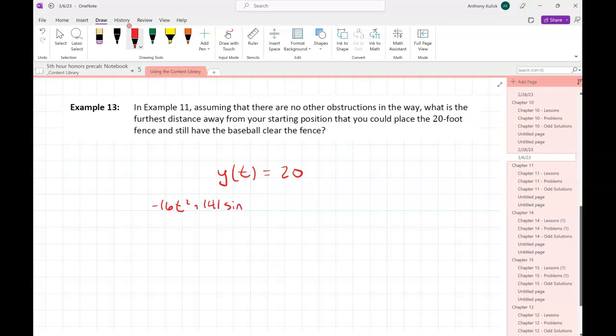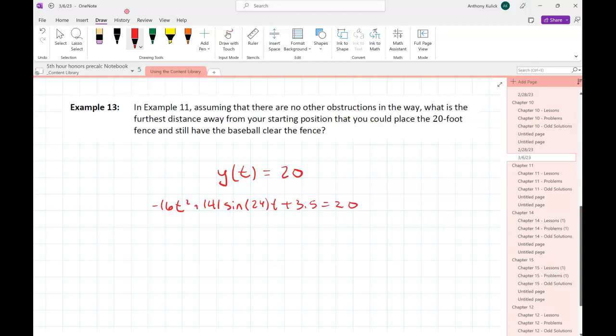So this is our equation that we're solving. What do I have to do to solve this? I got to do something first. It's got to be equal to 0.